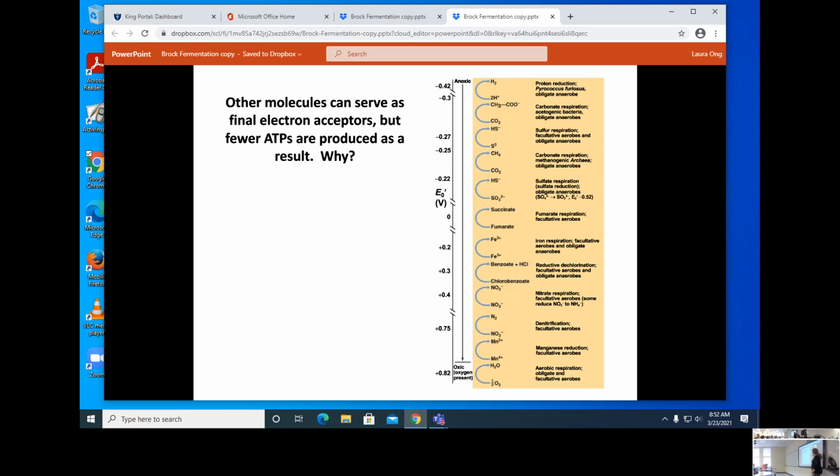Most of these redox intermediates are being used by the obligate anaerobes. They're going to die in the presence of oxygen, and that style of metabolism is older and ancient because it developed in the days before oxygen.